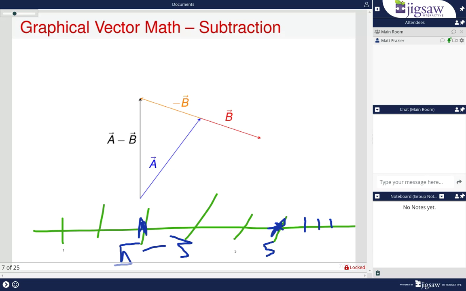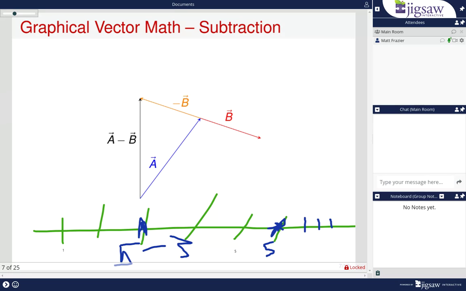And the ordering of these things is not crucial. We can take minus B first and then draw in A. And the sum would give us minus B plus A, which is A minus B. That's horrible looking, but you get the gist of it.